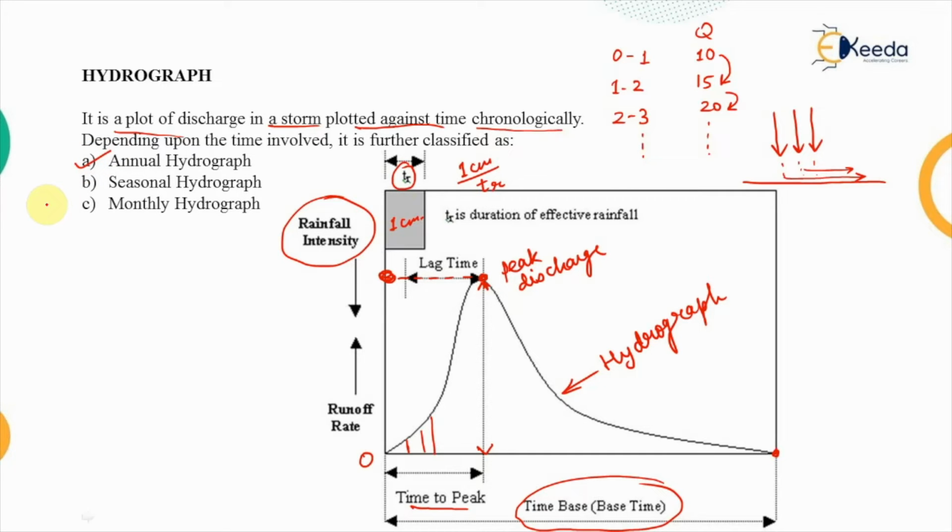If we collect the data and plot it for a particular season, the hydrograph so obtained is known as the seasonal hydrograph. And if we collect the data monthly, the hydrograph we obtain is known as the monthly hydrograph. So that is the basic of the hydrograph.